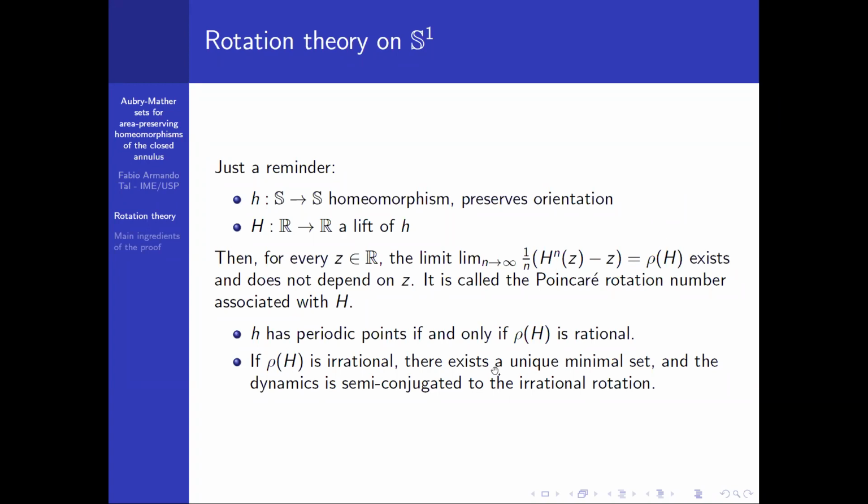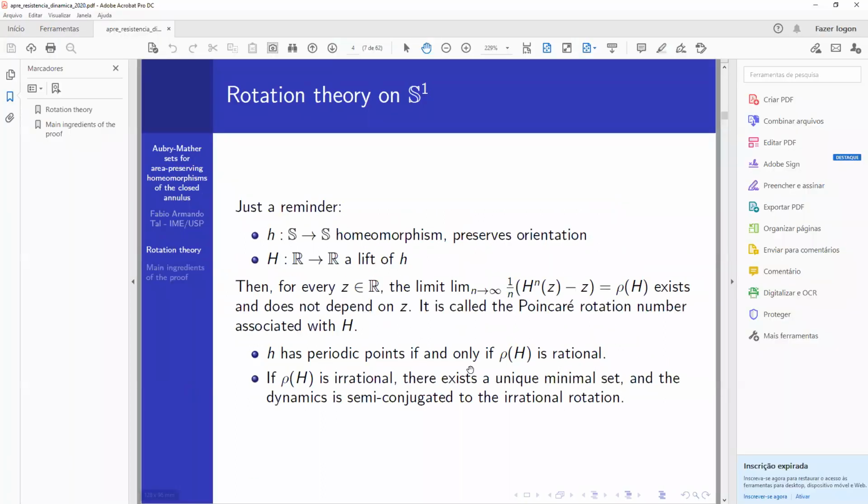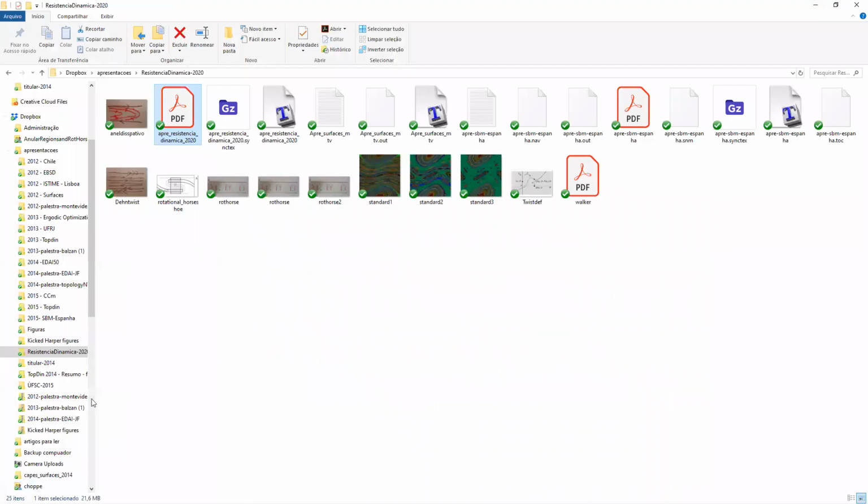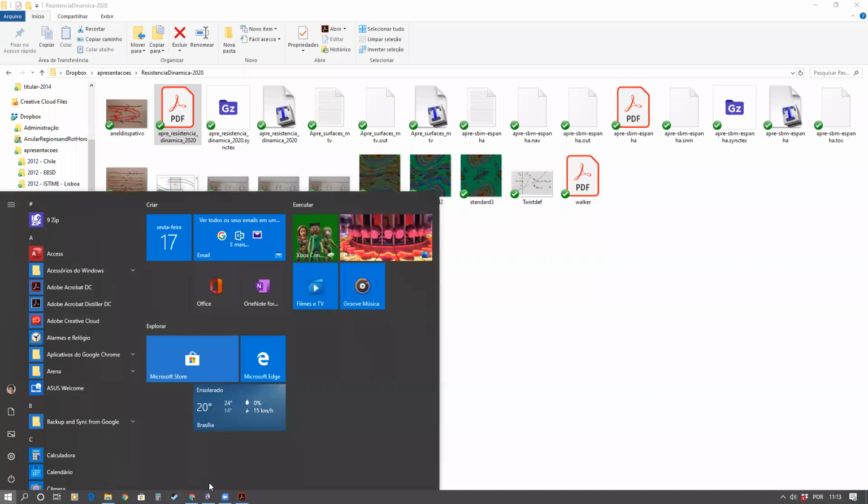Fabio, I guess you moved to the wrong place, but now the sound is back. Sorry for bothering you. Maybe there is some equilibrium point. Probably it's your microphone. When he speaks, it's bad.